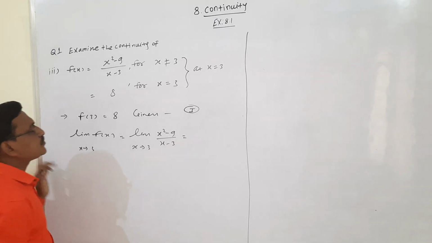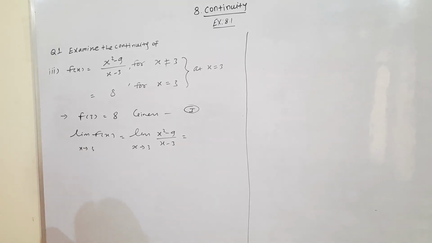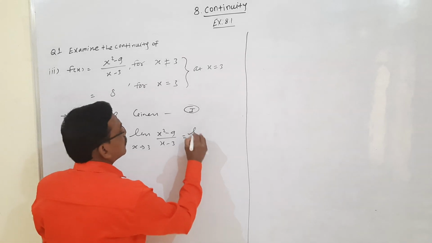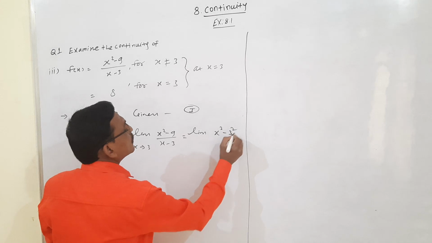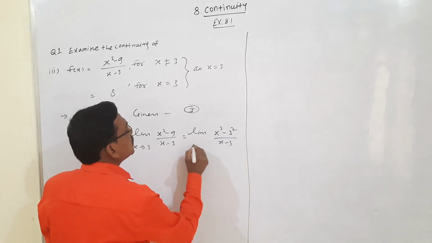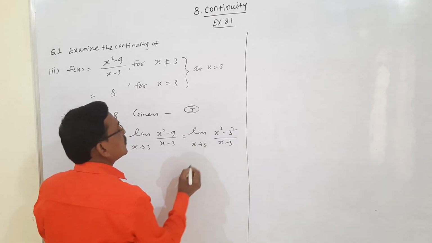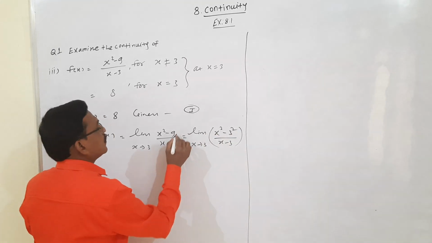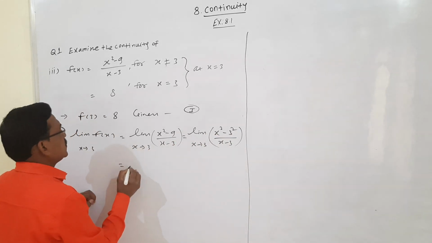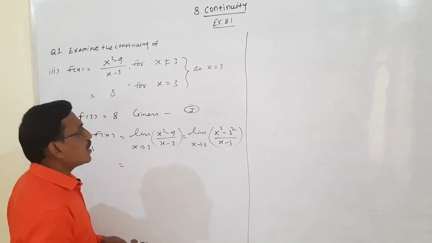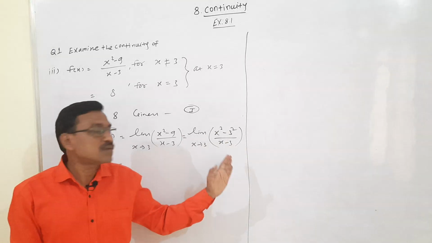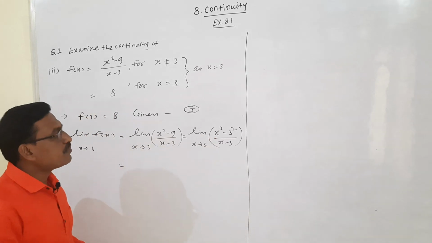Here we write x square minus 3 square divided by x minus 3 as x tends to 3. Actually this is a square minus b square, and the factors of a square minus b square are a minus b and a plus b.